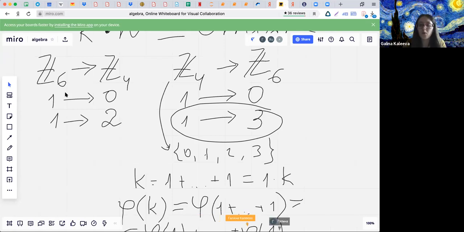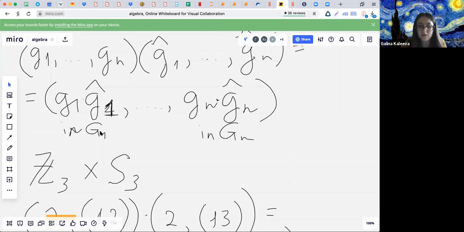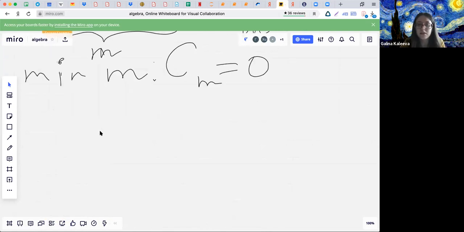So the sum of m elements is 0, with the minimal number of these elements in the sum.